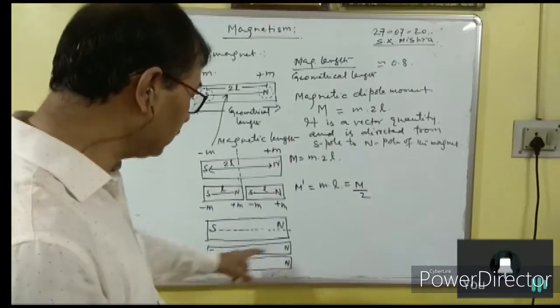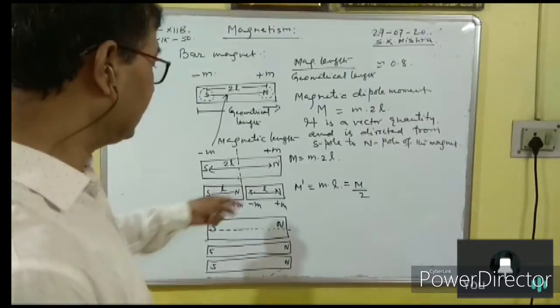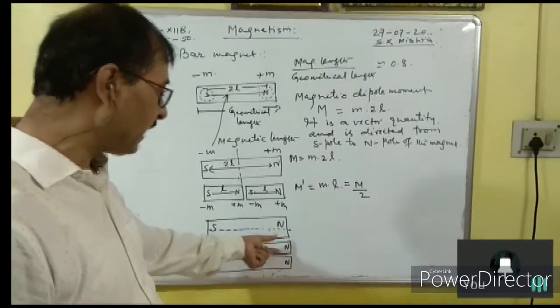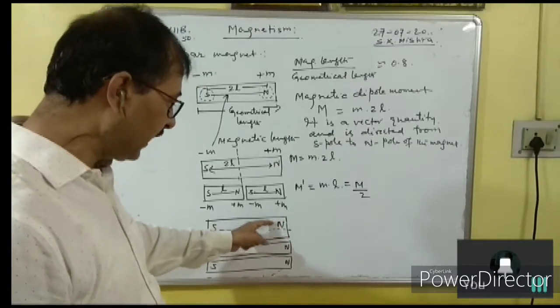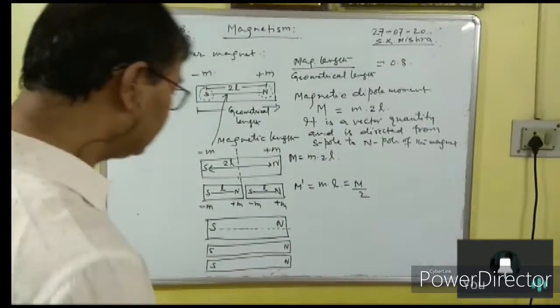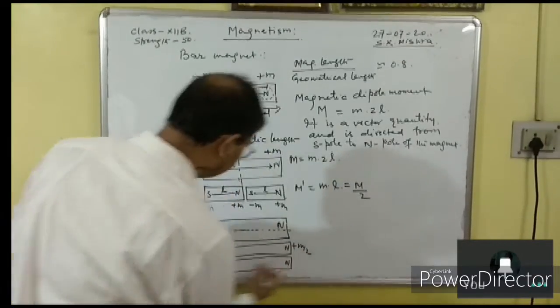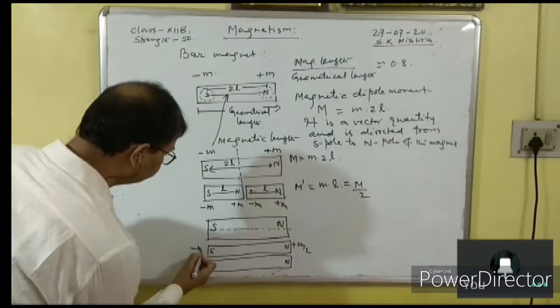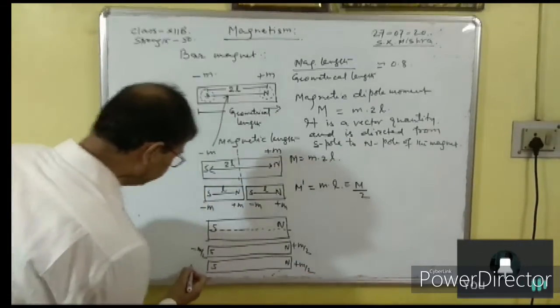But if you divide the magnet in this way, that is parallel to its length, so now we are cutting this magnet along this section. Then the first part has a dipole moment, and this is one of the parts, and this is another part.